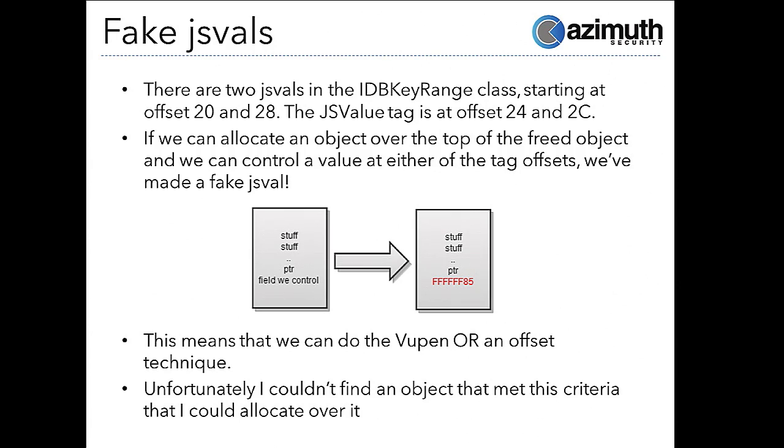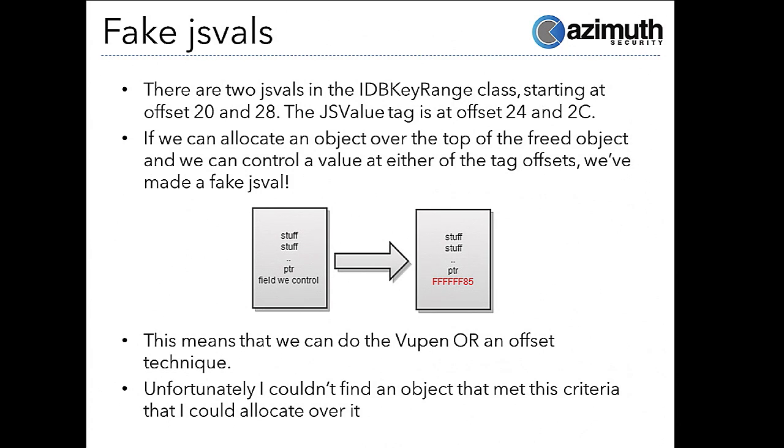This quick JS file thing I touched on really briefly. As I said earlier, there are two JS values at these particular offsets, 20 and 28, in the legitimate object, and that means the tag is 4 on from there, at 24 and 2C. If we can allocate an object over the top of that, and there's an integer field there that we can control next to a pointer, we can set this integer to be the tag value.